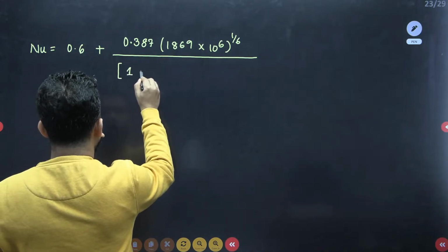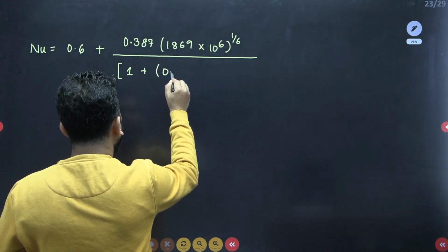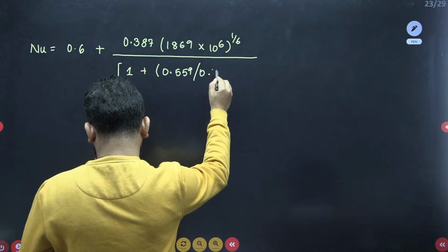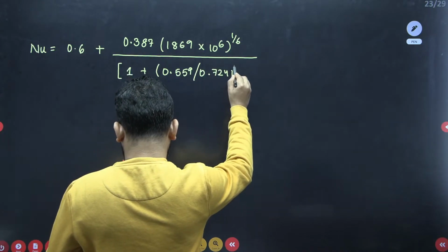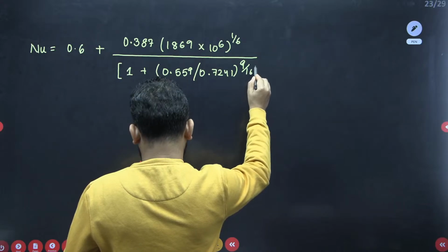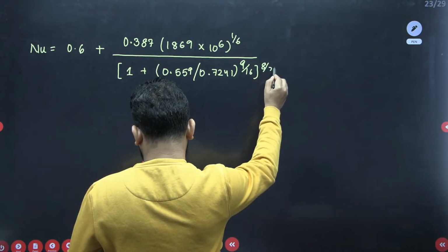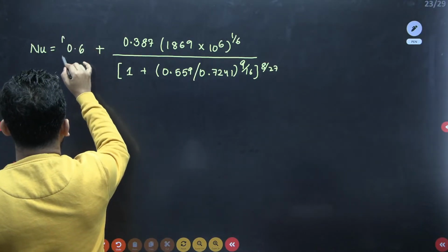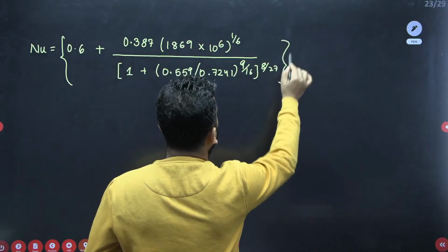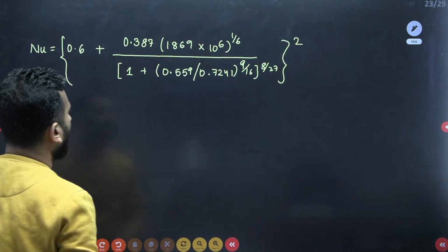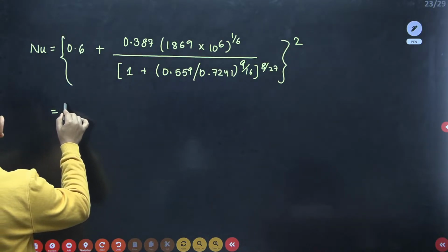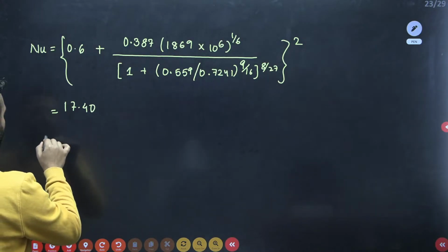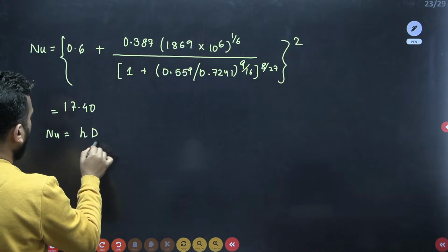No need to memorize this relationship; they will give it to you. So what I have done, I have only substituted the Rayleigh number in the given relationship, and when you solve this, you will get 17.40.